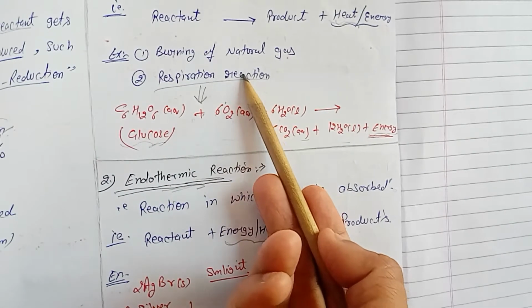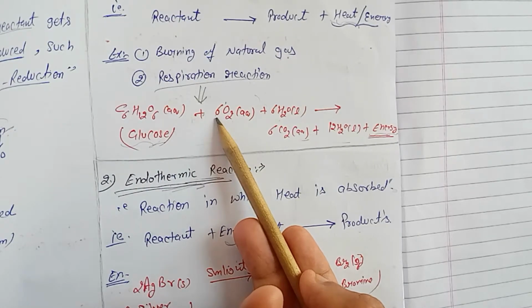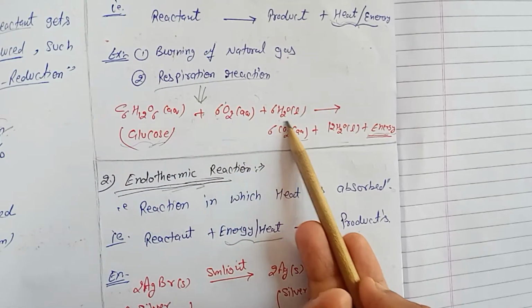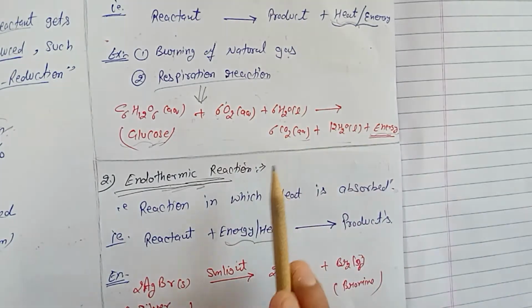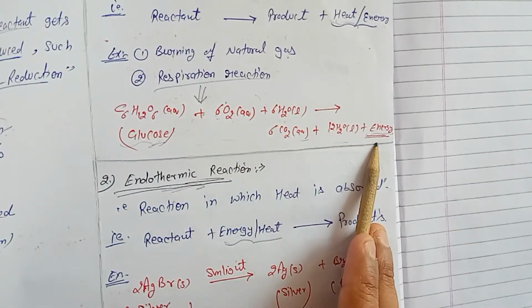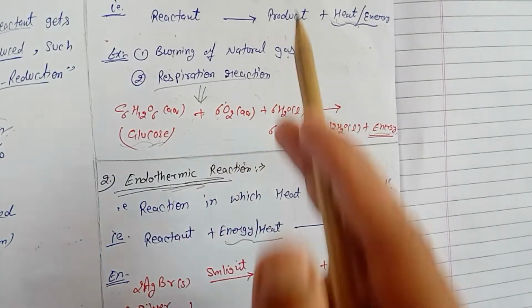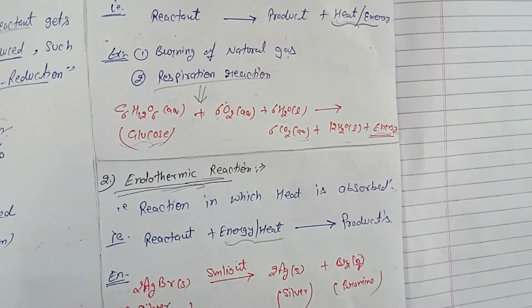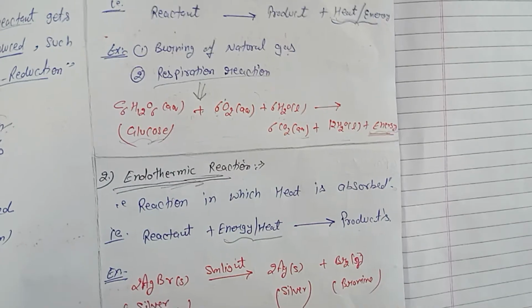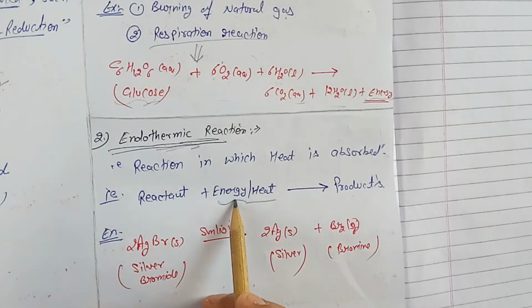Respiration reaction is a reaction in which glucose reacts with oxygen in the presence of water and forms carbon dioxide and water and releases some amount of energy. This reaction is an example of combination reaction.